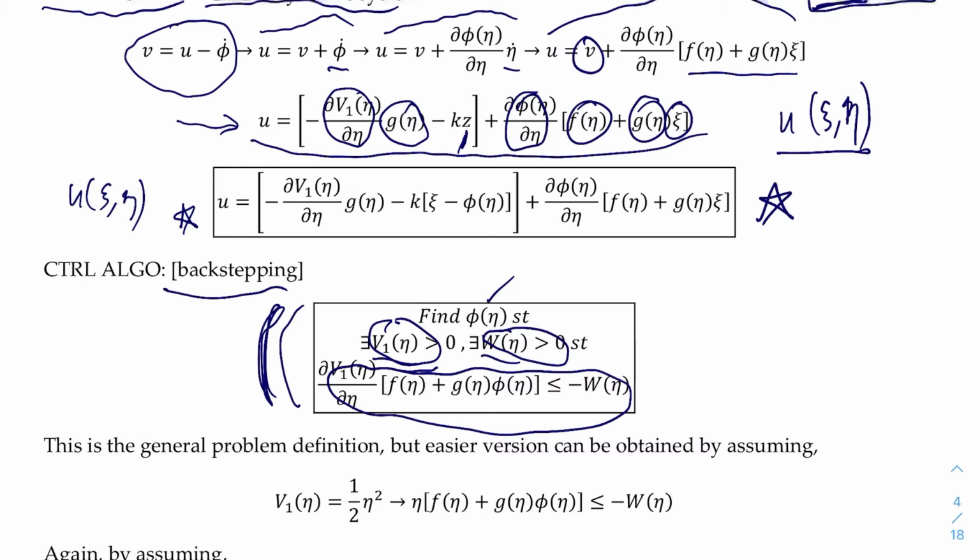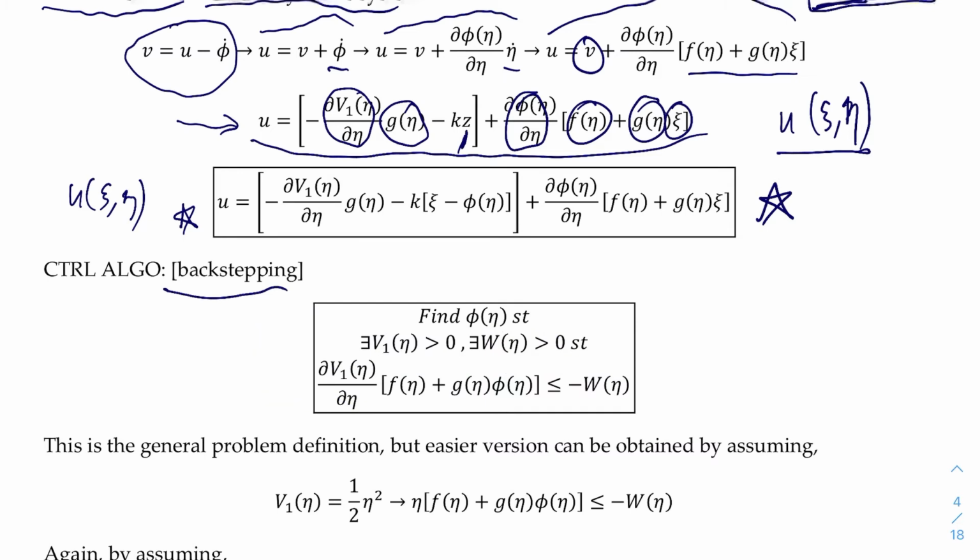This is the first part, and then if you find that, for example, what you need here, this is just a number, don't worry about it. You need to find phi, that's what we need to find to determine our control algorithm.